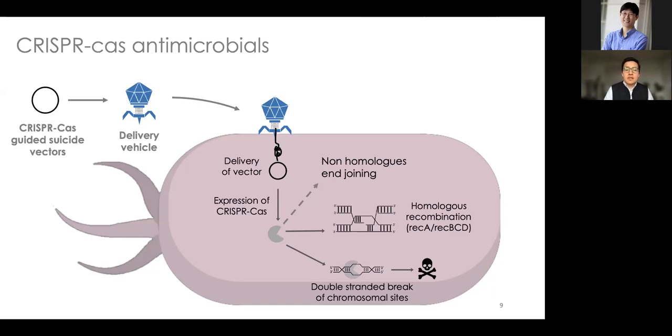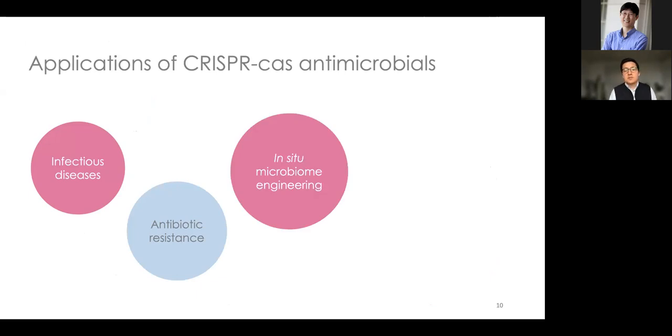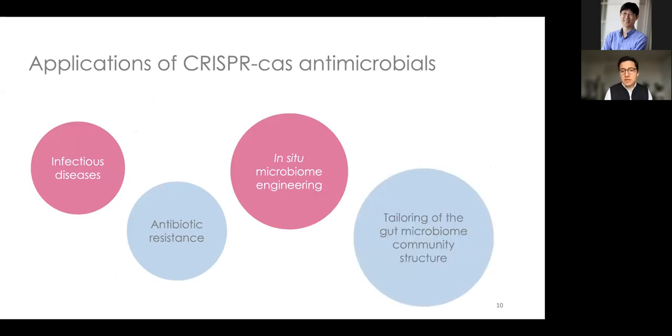However, the beauty of the CRISPR-Cas antimicrobials is that they allow a level of precision at the sequence level. So you can use the CRISPR-Cas system to target specific sequences, which could be used for different applications. They can be used to treat infectious diseases, to remove antibiotic resistance genes, to do in situ microbiome engineering, or for tailoring of the gut microbiome community structure.